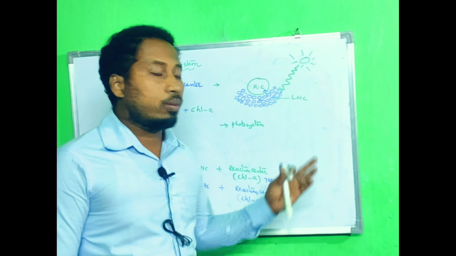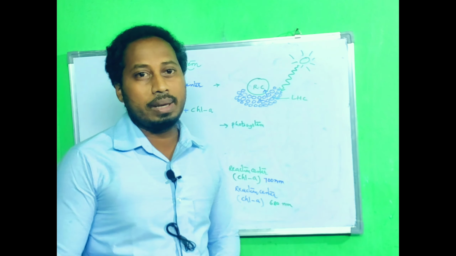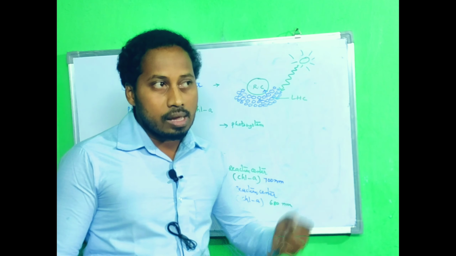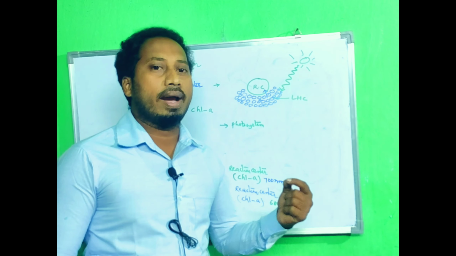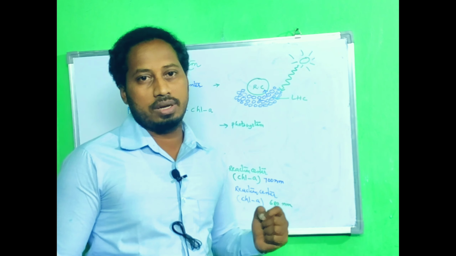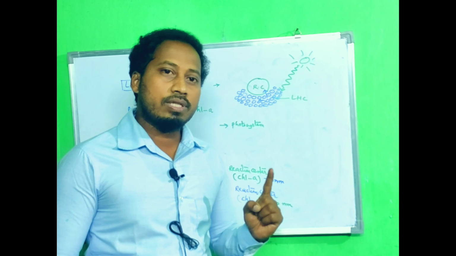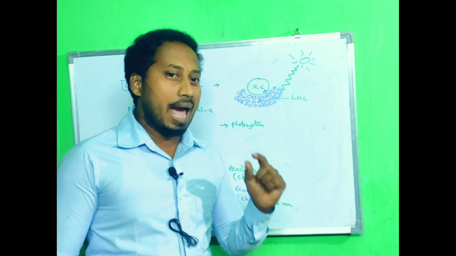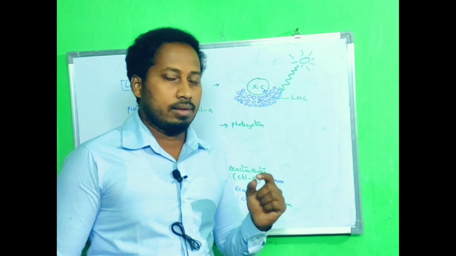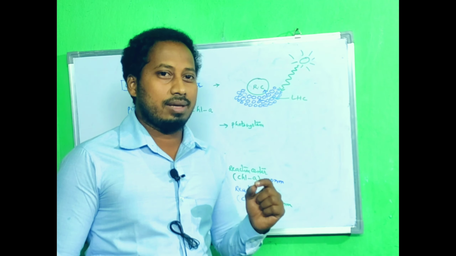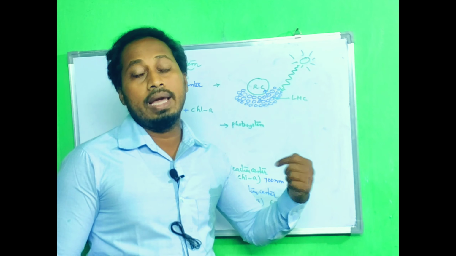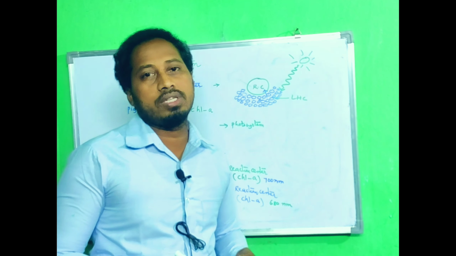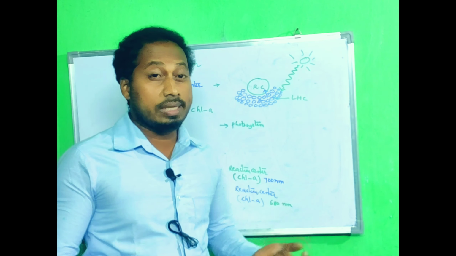Before that, these associated pigments will absorb, and in fact there is a peculiar function here. This light harvesting complex will act as a shield. The reason is, if light falls directly on chlorophyll A, there might be a chance of photooxidation.